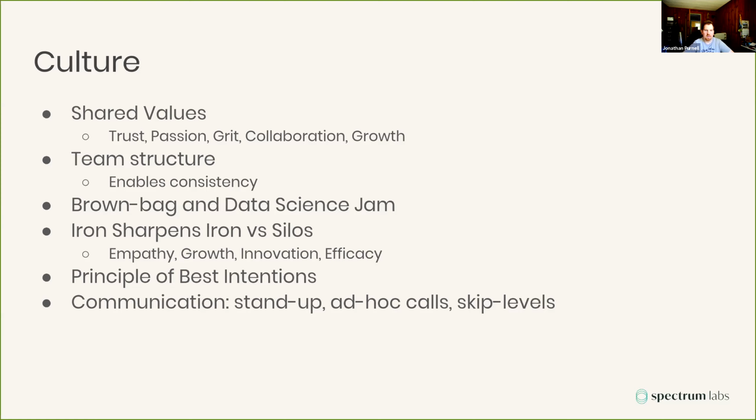I'll throw out the principle of best intentions, which I give our CTO Josh credit for, at least he's the person I heard it from first. Especially because we're a startup, and just because you might have conflicting priorities, there are going to be times when one team or both teams are in a situation that's not desirable, either time-wise or resource-wise.